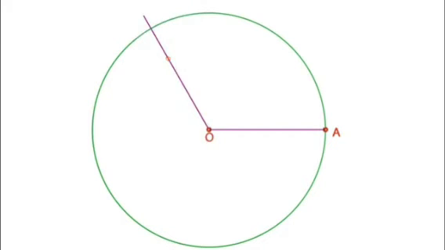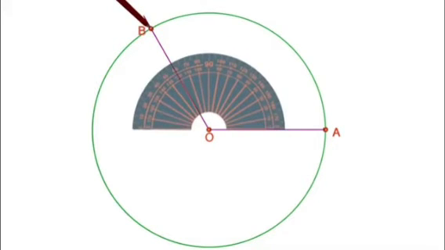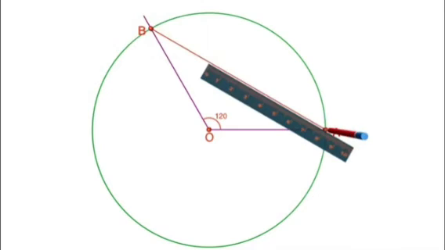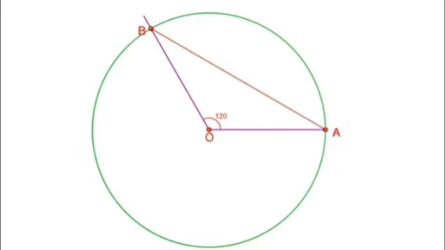Now join AB. Since angle AOB equal to 120 degree, all angles on the large arc is 60 degree. Therefore, all angles on the small arc AB is 120 degree.